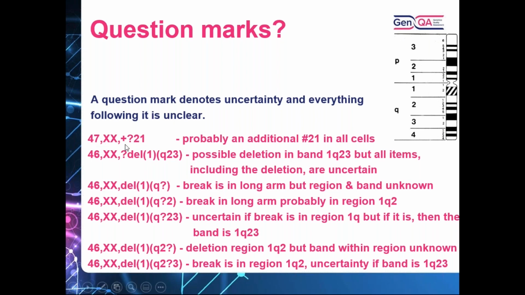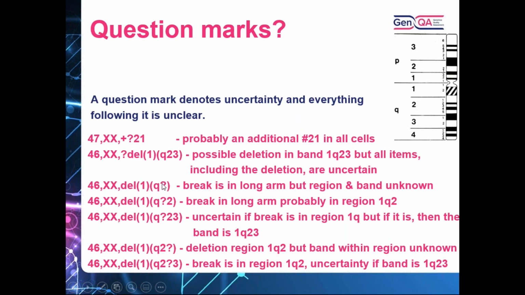If you're not sure that you've actually got an additional 21, then you'd put +?21. You think it's 21, but you're not sure. If, however, you think you've got a deletion 1, but you're not at all sure it's a deletion, and you're certainly not sure of the bands, then you put a query beforehand.